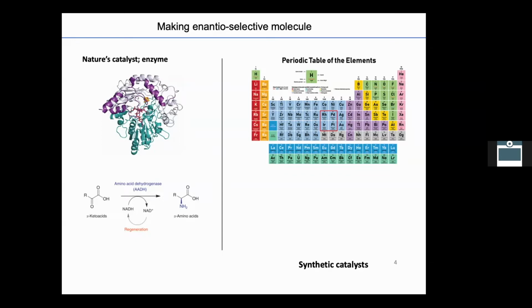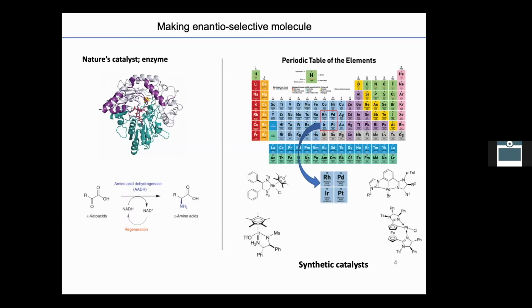To make enantiomers in the lab, we need catalysts, and traditionally these catalysts are made from metal elements, particularly this block of elements. Rhodium, palladium, iridium, platinum. Chemists made different catalysts like this to make different enantiomers. Now the problem with using these elements is that they exist in very low quantity.